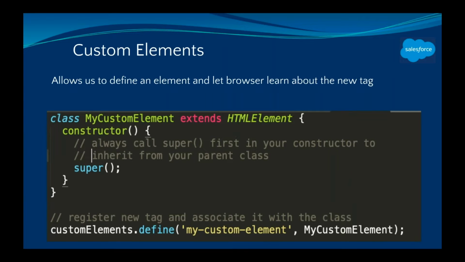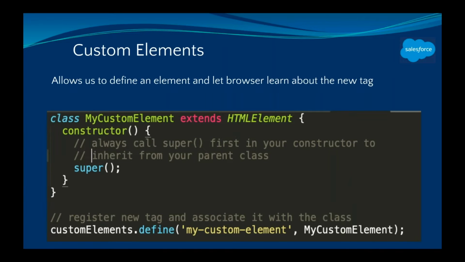The other feature of web components, and this is a very important feature, is allowing us to define an element and let the browser learn about the new tag. These lines are very important.